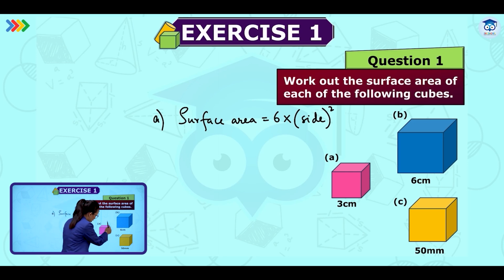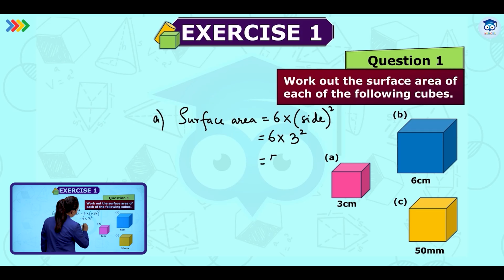The edge is the line between 2 sides. So this is 6 into 3 square, and we know that this value will be 54. The unit will be centimeter square.